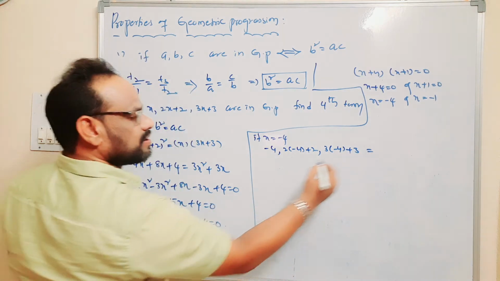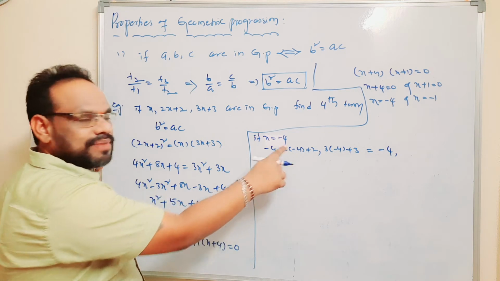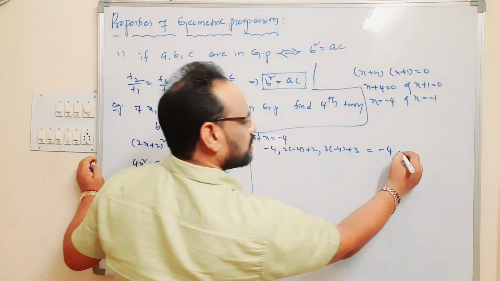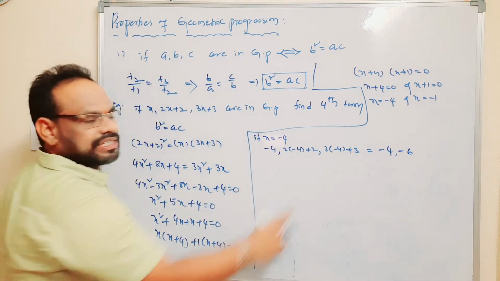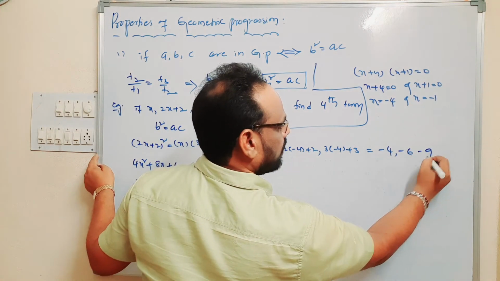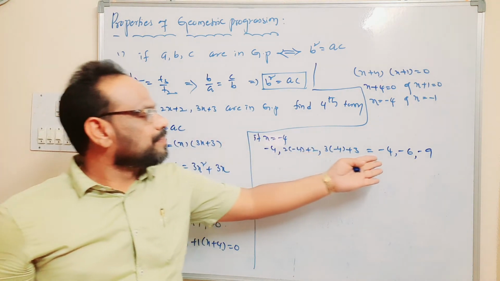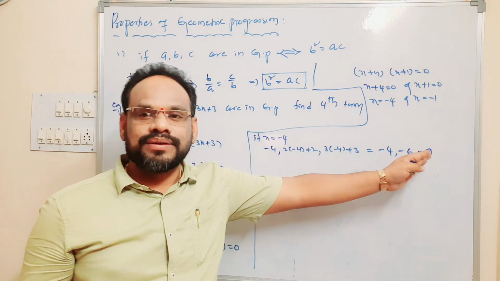That is minus 4, comma, 2 fours are minus 8 plus 2, which is minus 6, and 3 fours are 12, minus 12 plus 3, which is minus 9. Therefore, the three terms are minus 4, minus 6 and minus 9.